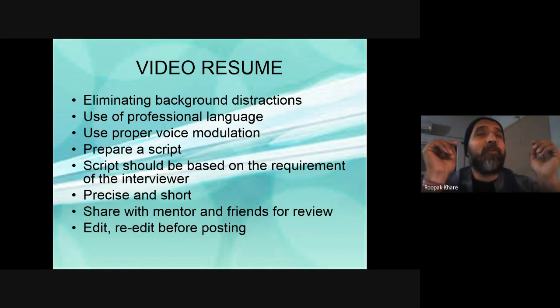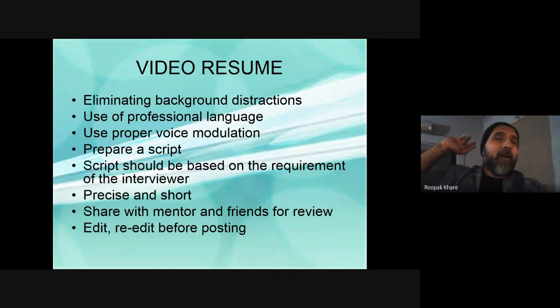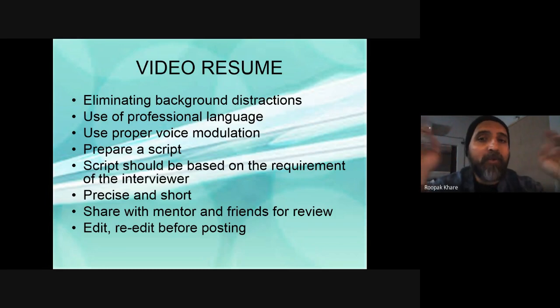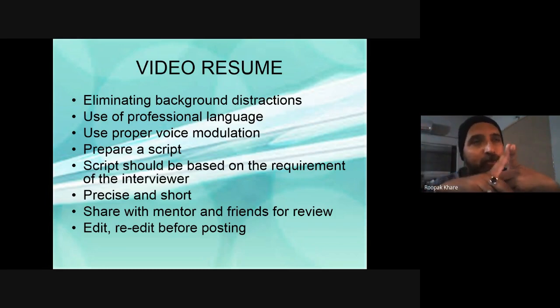Suppose when you're recording your video, somebody else is passing in the background, or there are some changing visuals in the background. All these things create distractions. They take away the focus from the main content. So always keep in mind, there should be no background distraction, neither in the form of visuals nor in the form of sound, right?